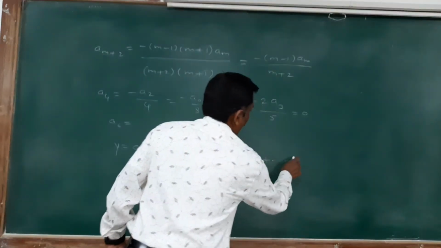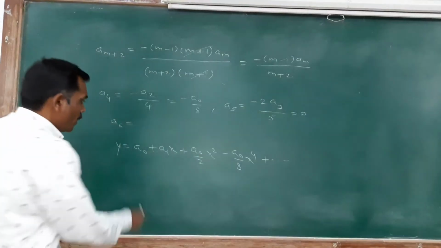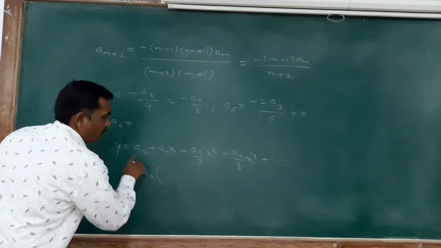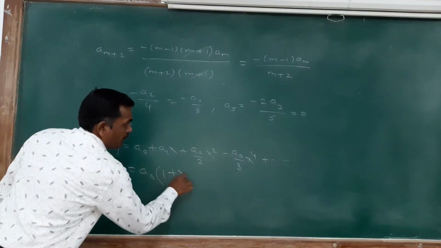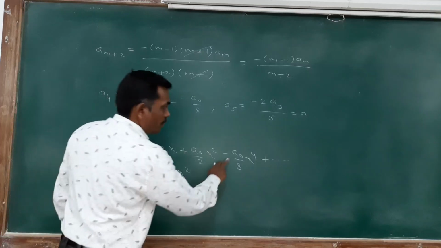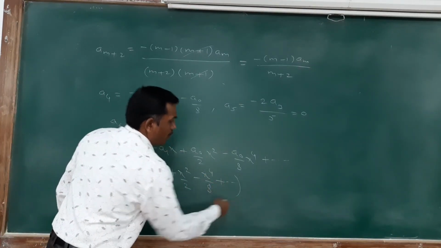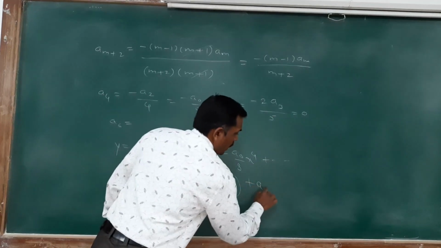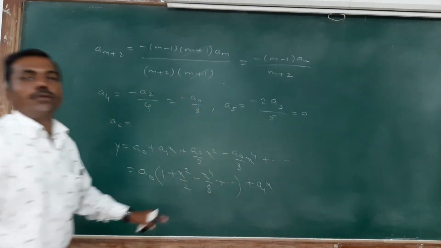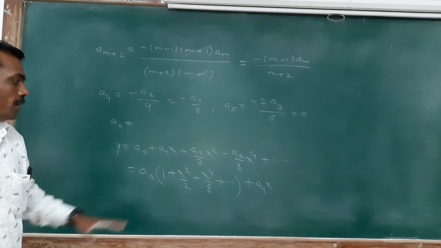And so on. You can find more values. Now collect the coefficient of a0. a0 times 1 plus x square by 2, then minus x raised to 4 upon 8 plus dot dot, plus a1 times the other series. So this is our final answer. Understood it?